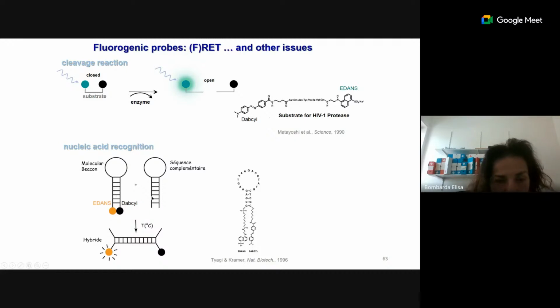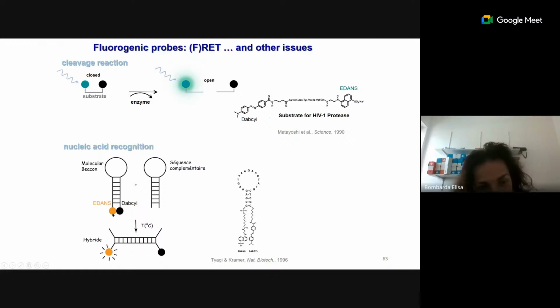When it interacts with the complementary sequence, the stem opens and hybridizes to the complementary sequence.